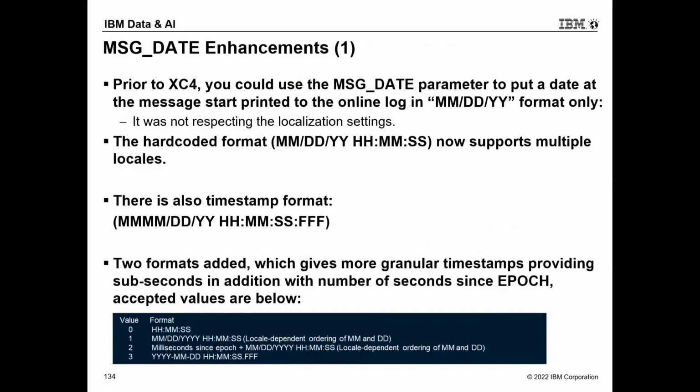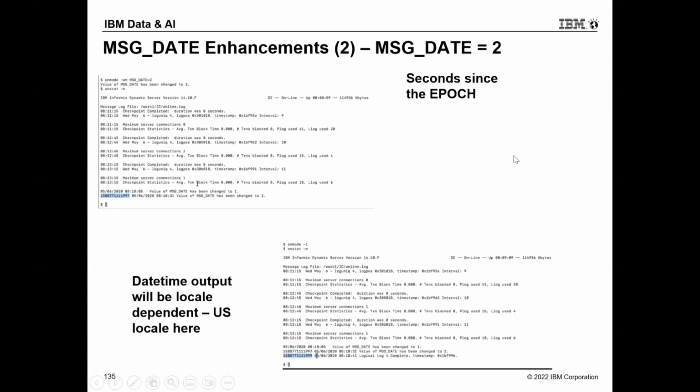Two formats have been added, which give more granular timestamps, providing subseconds in addition to the number of seconds since the epoch. Accepted values are below. Here on the screen, some sample outputs.